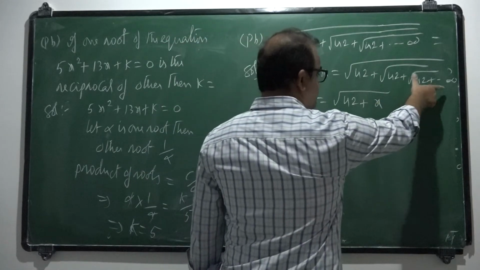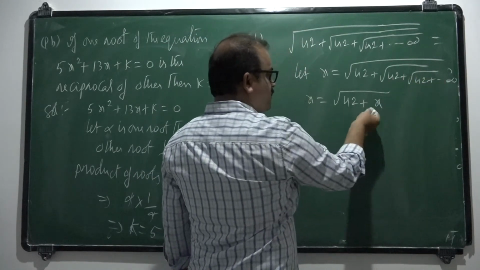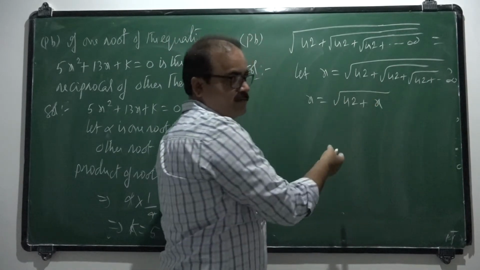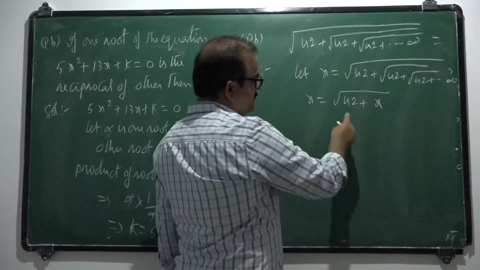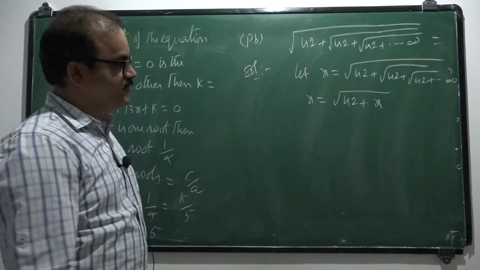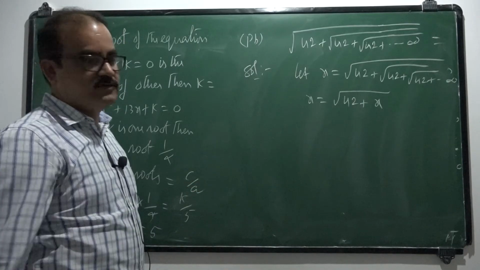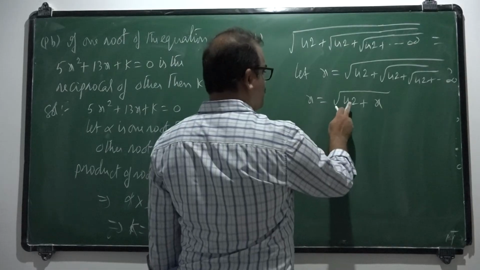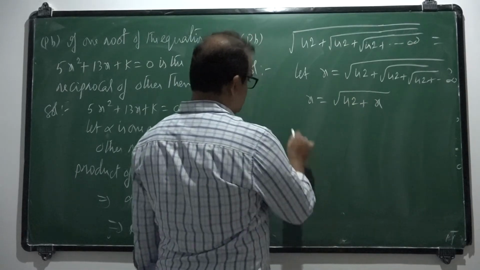Here we consider this as x. If we reduce this square root to 1, then there is no change, because these are infinite square roots. If you reduce one value, there is no change. So we write this as root of 42 plus x.